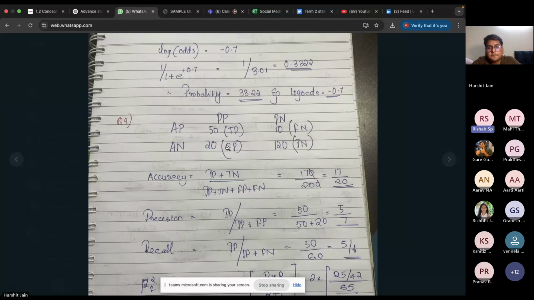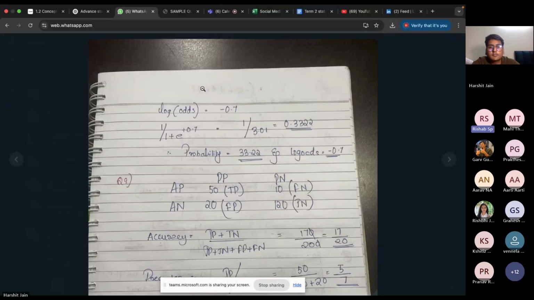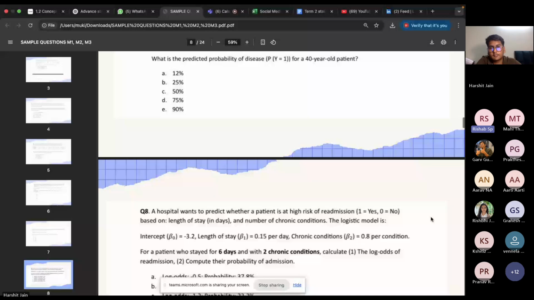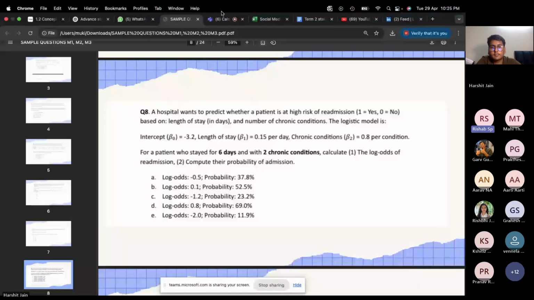We don't have any option with 33.22, but the closest is option A, 37.8. Including this, we have 4 questions which we need to recheck once again.